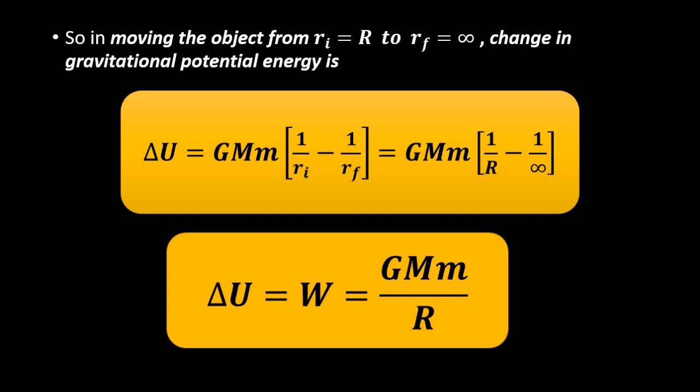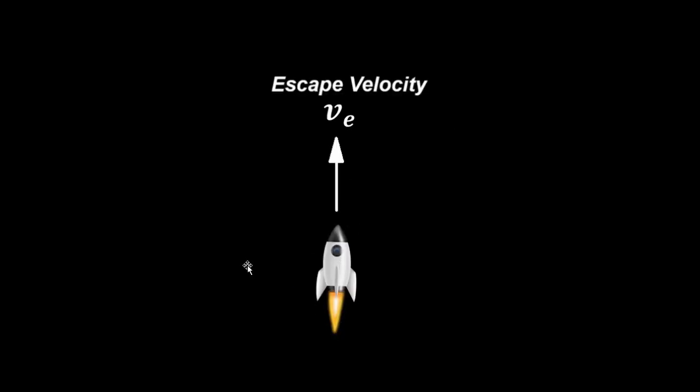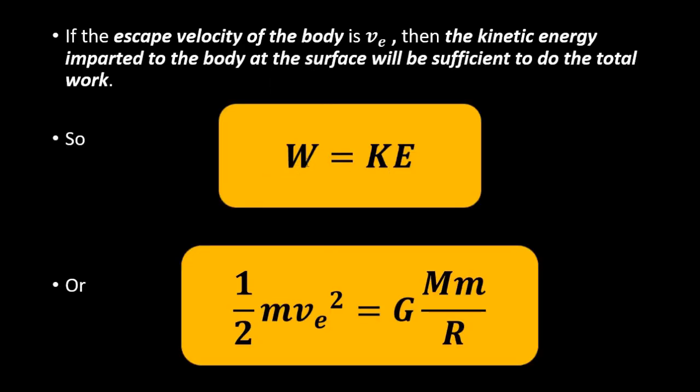Now, this work done is the same as the initial kinetic energy which is imparted to the rocket by the exhaust gases because of the escape velocity. If the escape velocity is VE, which is imparted by the exhaust gases, then this kinetic energy will be sufficient to do the total work.